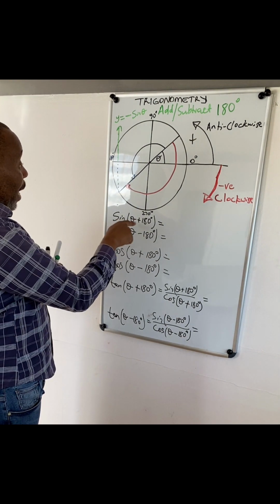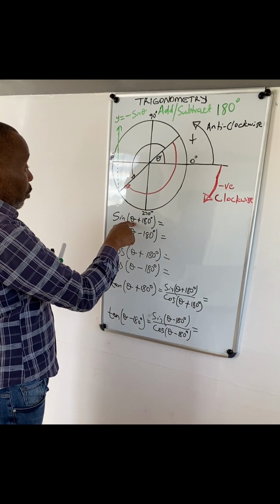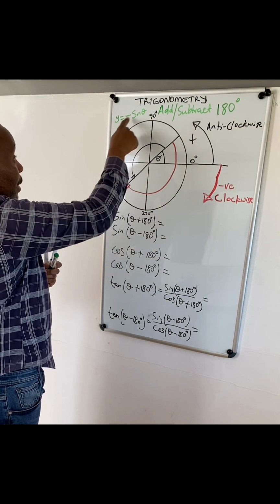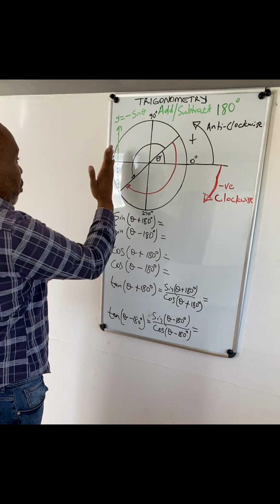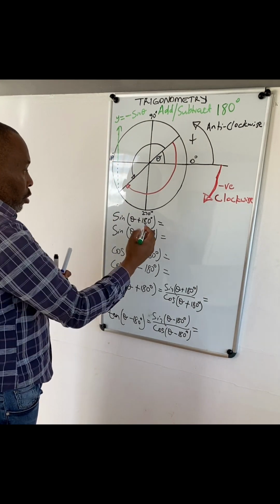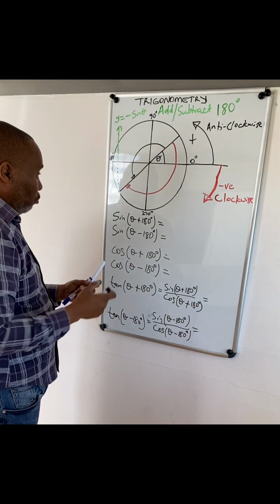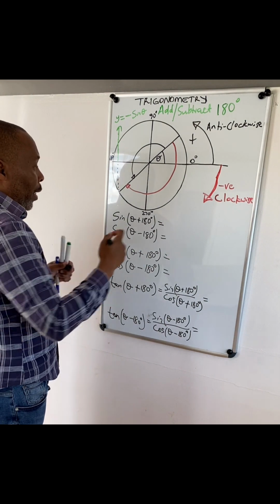So here sine theta at 0 plus 180 degrees becomes a negative sine theta, because my y is negative. So here it becomes a negative sign.